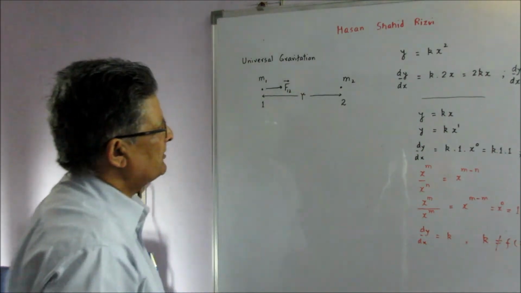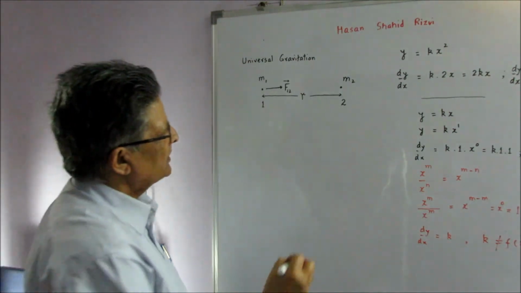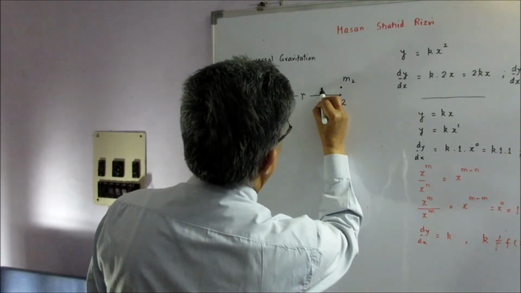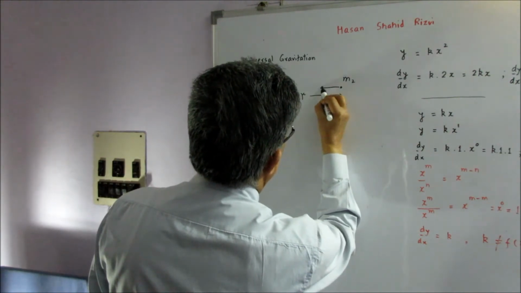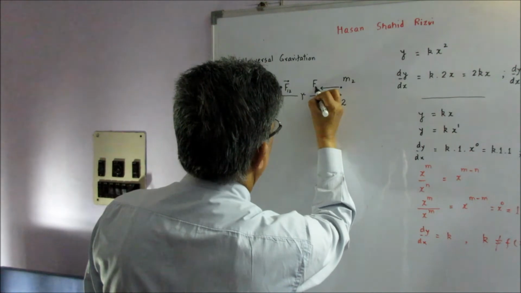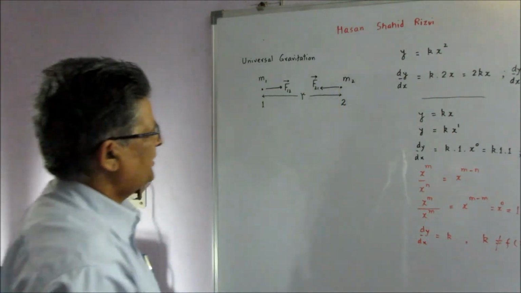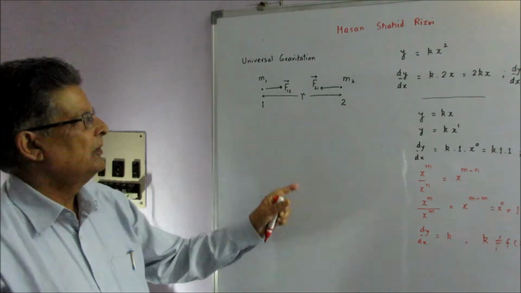In due course of time, sometimes we'll talk about these vectors, and there is another equal and opposite force F21. How do I read F12 and F21?